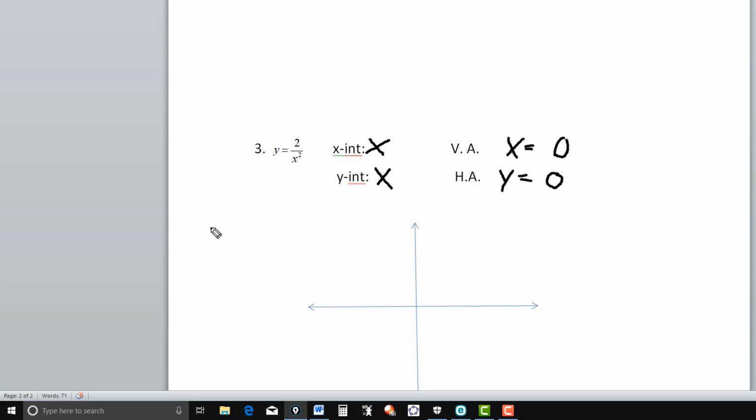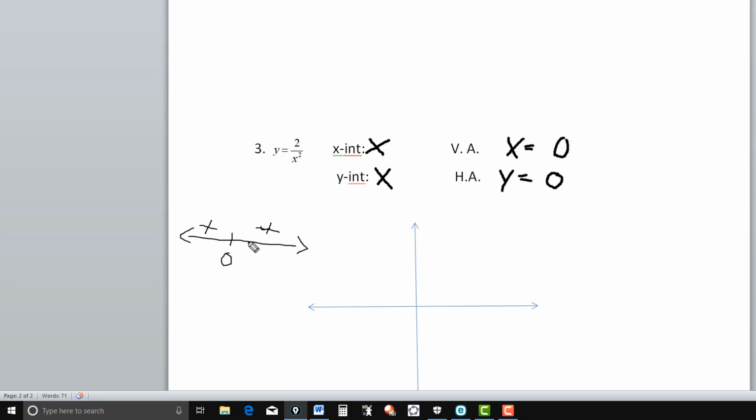Okay. And then for the number line, the number that makes the denominator 0 is 0. So you can see, because of the square on that x, no matter what number I plug in there, whether it's positive or negative, when I square it, I get a positive. So here I have a positive on both sides.